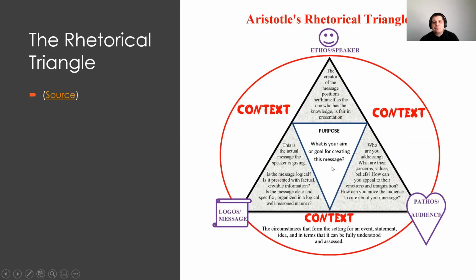So if we start here with our purpose, what am I trying to accomplish with this message? And then go outside here, we think, in what context am I arguing? Then we can start thinking about how these interact. So if I have a particular speaker, what does that mean for who I can address and how I need to do that?